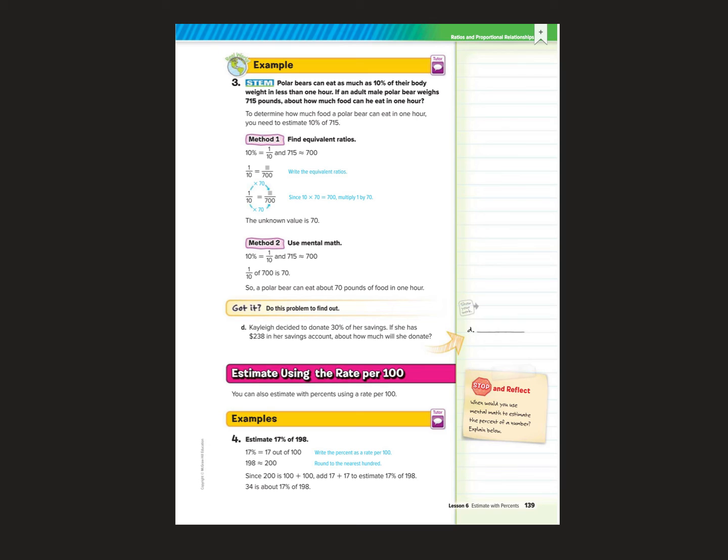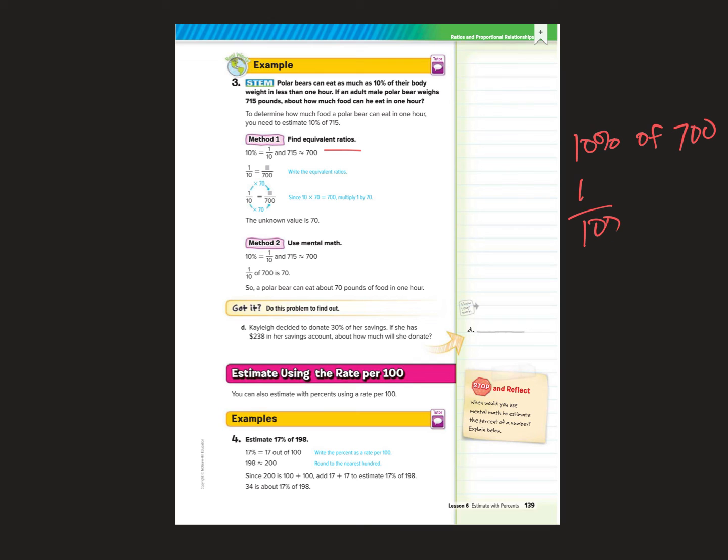Another way is we can find equivalent ratios, and this is really the way you're probably going to use most often. So if I wanted to find 10% of 700, I would do 10 over 100, or 1/10. Where do we get 1/10?